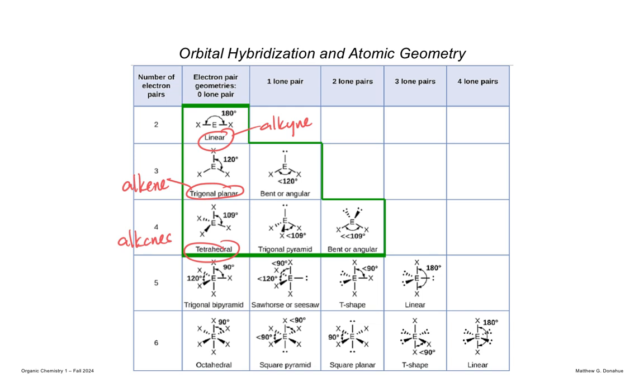Notice there's these other shapes. Trigonal pyramid, as we'll see on Friday, those are for functional groups. Amines. Bent or angular, those are alcohols. Things like water, so water's a bent molecule.